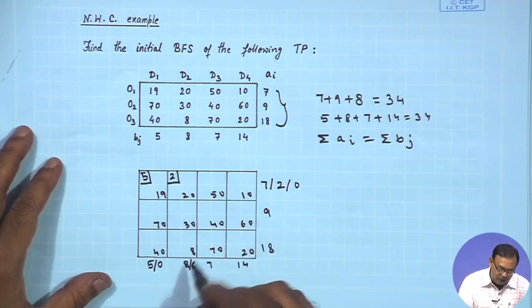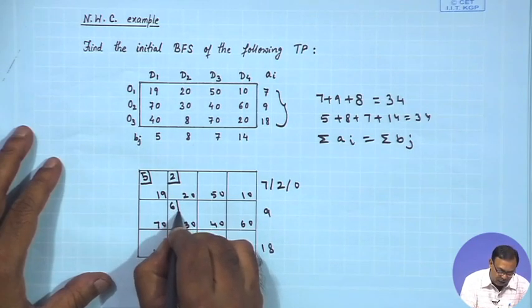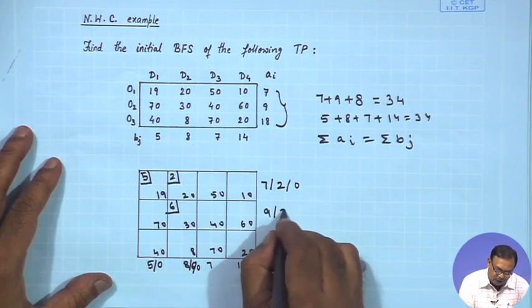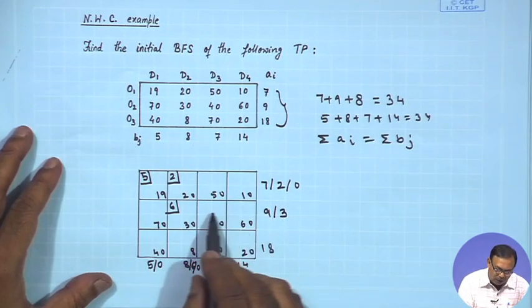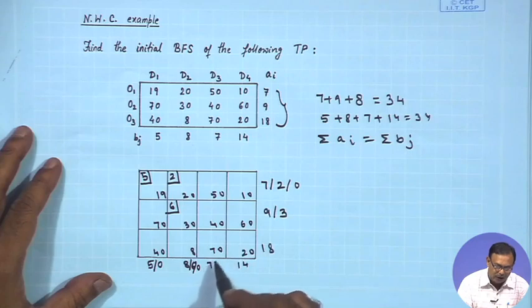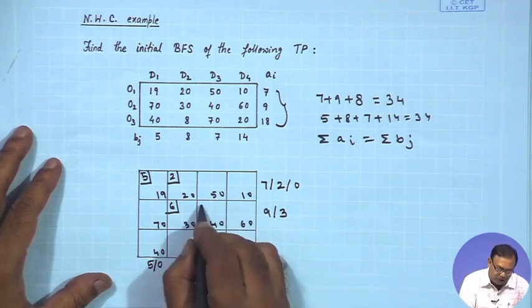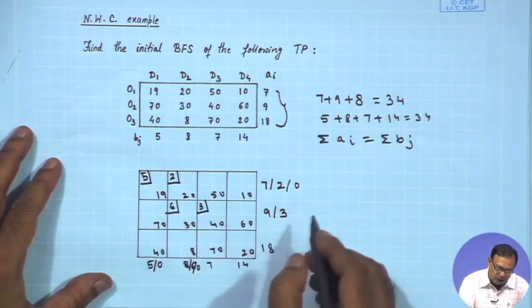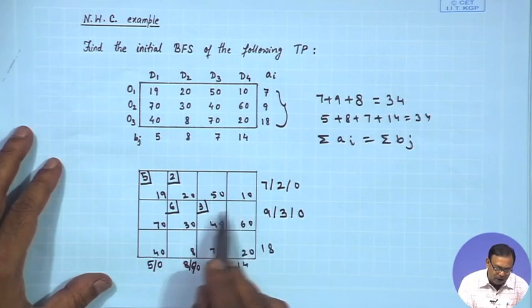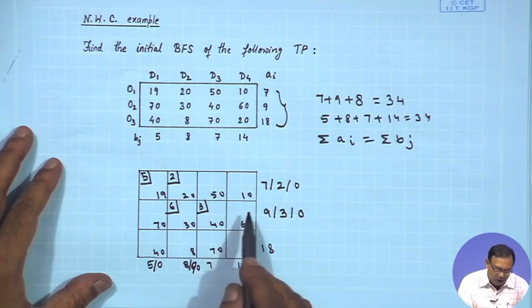So, the minimum is 6. Therefore, you can allocate 6 to this cell. So, this will become 0 and this will become 3. Now you go to the next row. Here it is 3, here it is 7, availability 3, demand 7. So, the minimum is 3, you can allocate 3 to this one, so that this becomes 0. You do not have to do anything for this case also.